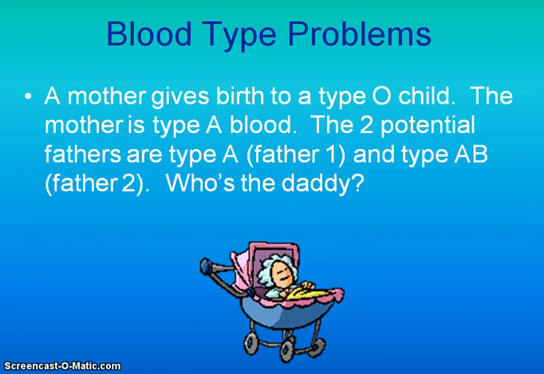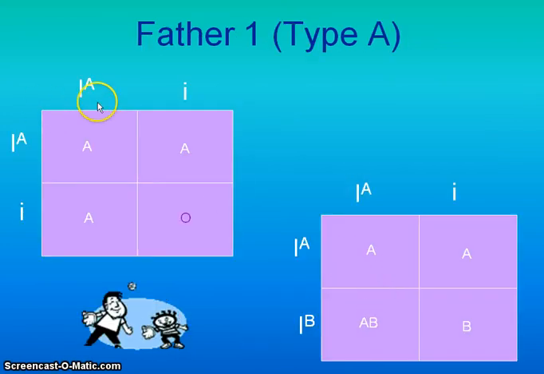Now, if we set up some Punnett squares here, here's our mom's genotype, I^A, lowercase i. One dad could be AB, and the other could be type A. So if the dad's AB, these are all the possible outcomes here, and none of those would have type O blood. So the father that's AB is really not the father.